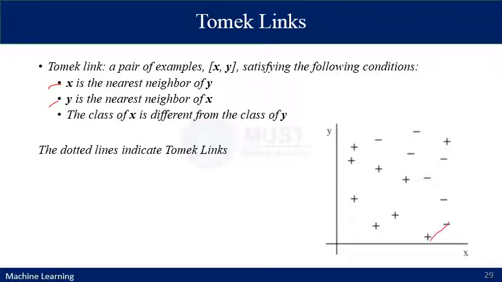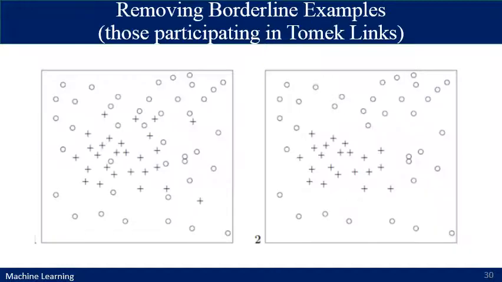As you can see here, we have positive and negative examples, and both are the nearest to each other and both have different symbols. These lines indicate the atomic links. Once you have identified these atomic links, you should remove the borderline examples which participate in them. This will greatly reduce the problems with the borderline values.